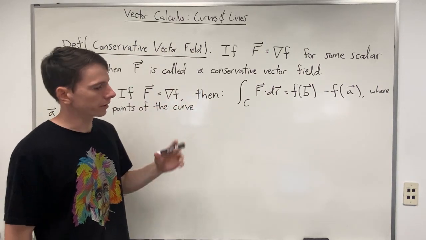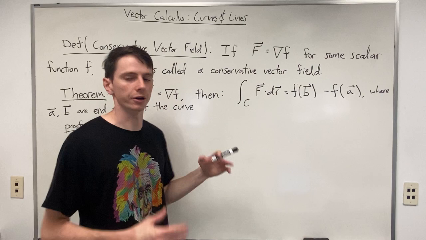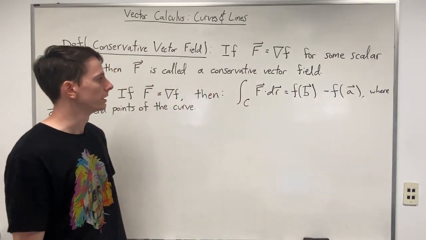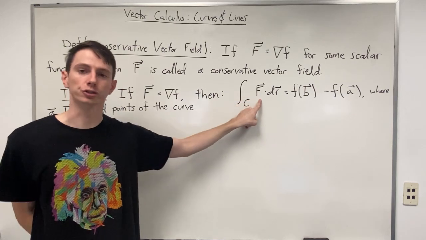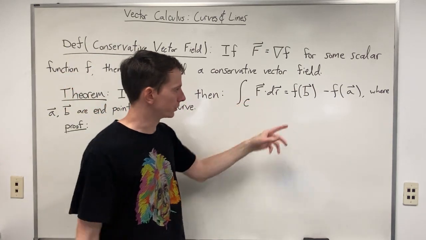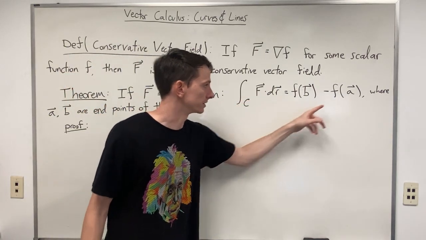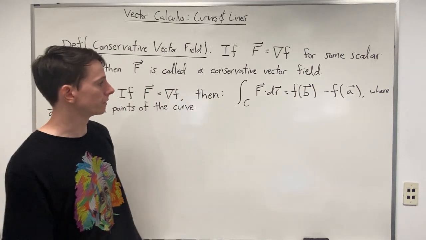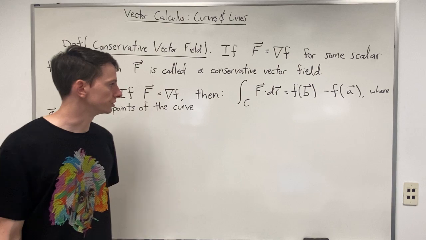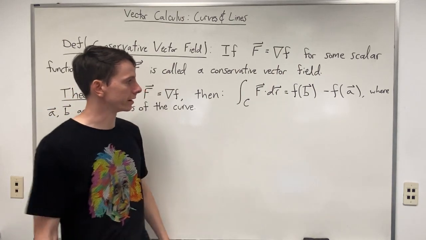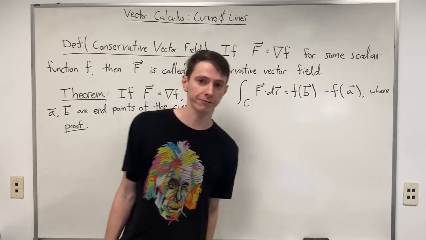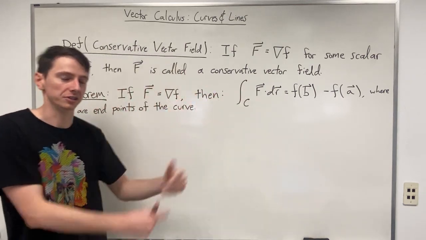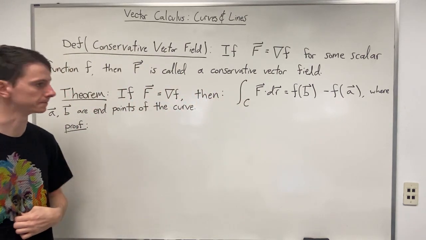That's why in the previous whiteboard we asked how we go about computing this lowercase f. Because if you're told that your vector field is conservative and you're able to find what the scalar function is, then all you need to do to integrate along a curve is ask where you start and where you end, and then plug in f, your scalar function, evaluated at the endpoints. So that's the power of this. That's the convenience of doing this, okay?